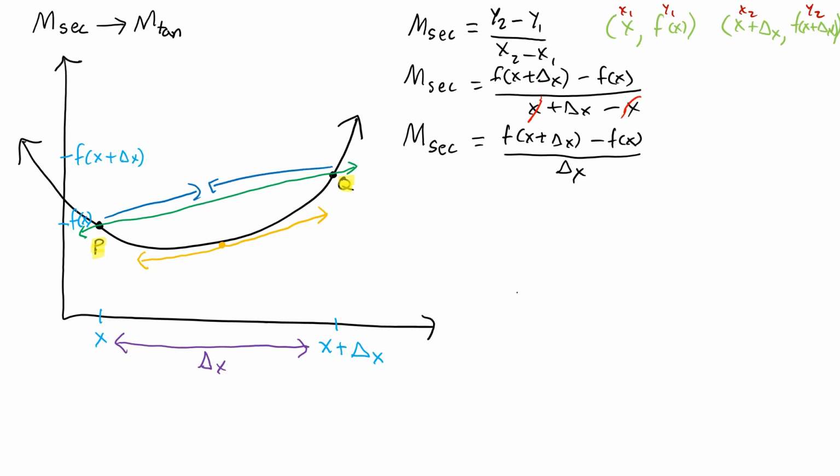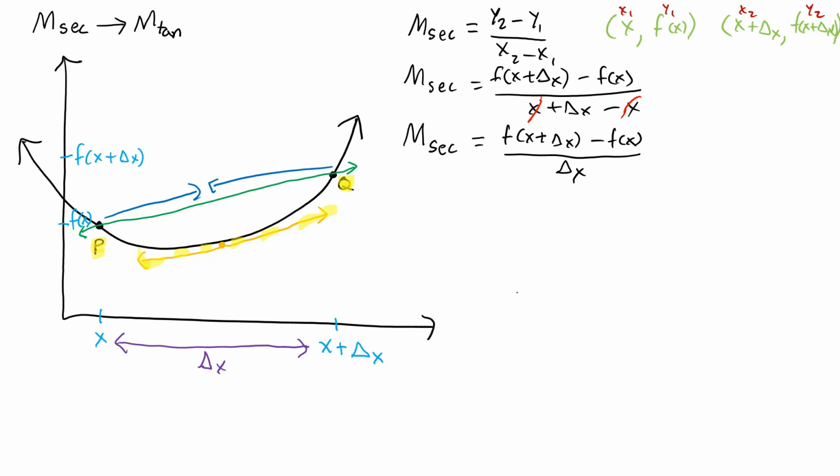Okay, so if the points P and Q get infinitely closer to each other, then this tangent line right here will occur. So while the points P and Q are getting infinitely closer to each other, what's happening to delta x?